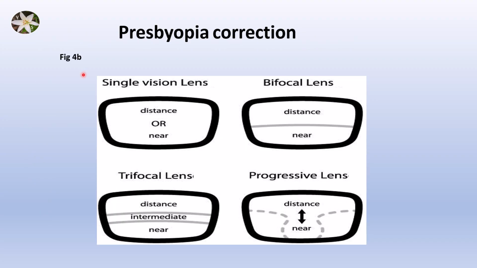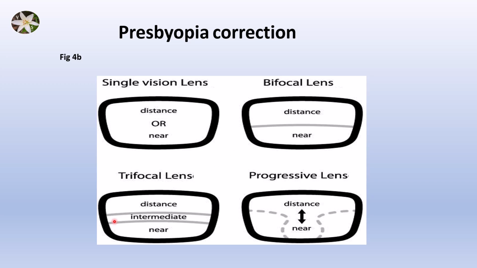The presbyopic correction is modified as per the patient's need, his comfort and acceptance. He may prefer to use single vision lenses where he requires two separate glasses, one for distance and one for near. He may be comfortable with a bifocal lens which has a distance and a near correction.